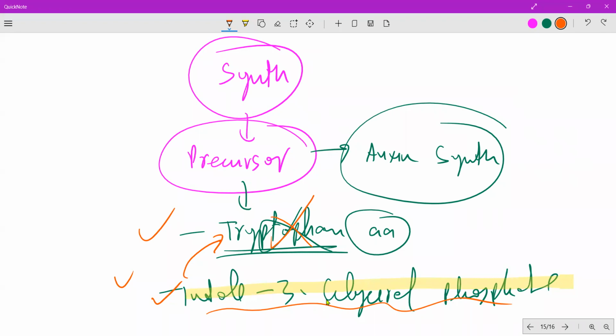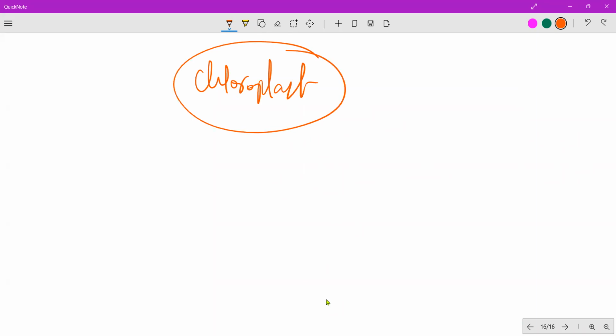Now the question is, this synthesis of auxin mainly takes place in the chloroplast. So what is the site of synthesis? That is mainly the chloroplast. Because tryptophan is produced through a pathway called the shikimic acid pathway.